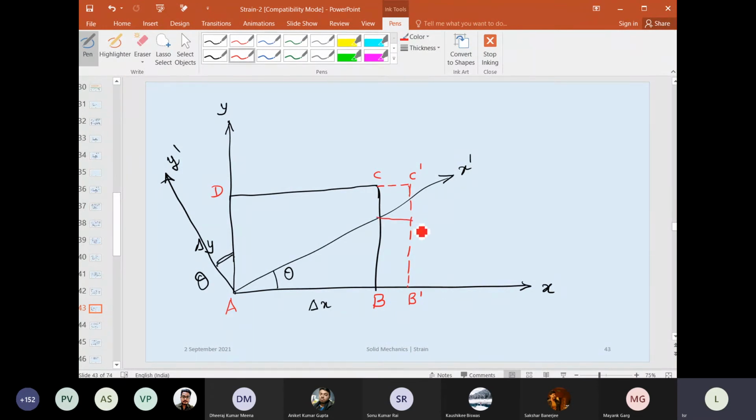We know this, but we want this. Isn't it? So this angle is also, sorry, where did it go? I don't know. It doesn't look like 90 degree. Let us make it 90. I'm sorry, I don't know why it is happening.